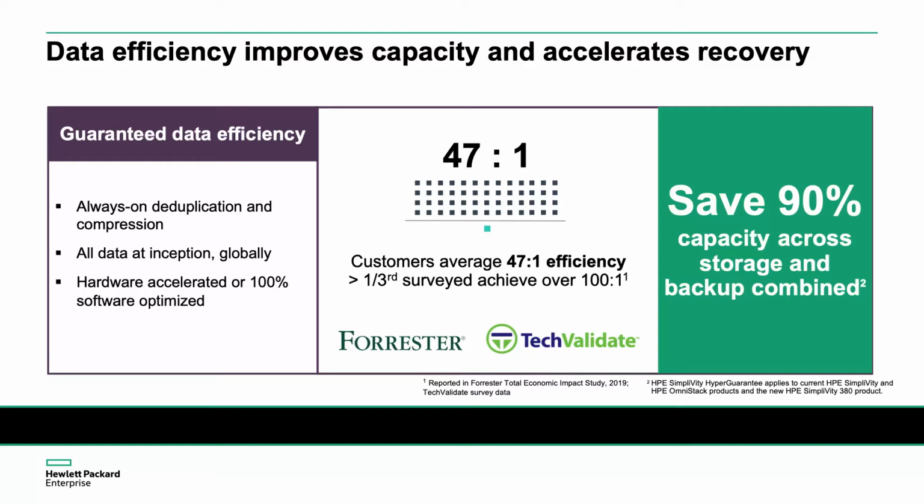Then we did a separate poll of several hundred customers, and a third are achieving over 100-to-1. I'm going to show you a customer in a few slides that's actually getting 300-to-1. This is Alterra Mountain in one of their hospitality resort locations. And that's just a function of the VM data being dedupable and compressible and the associated backups.